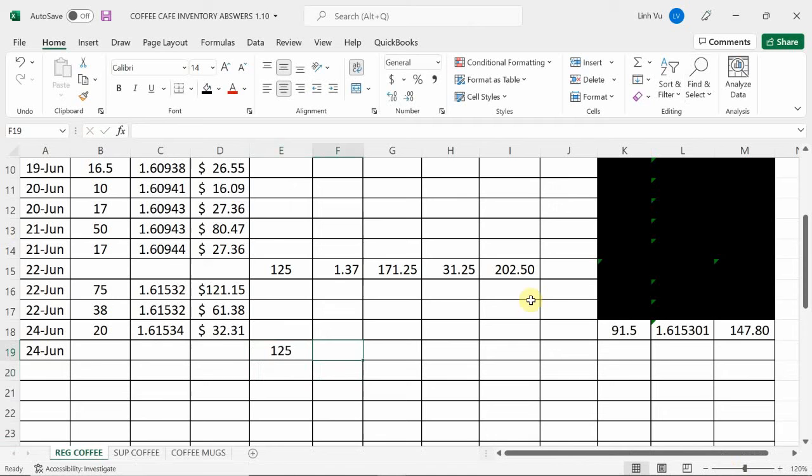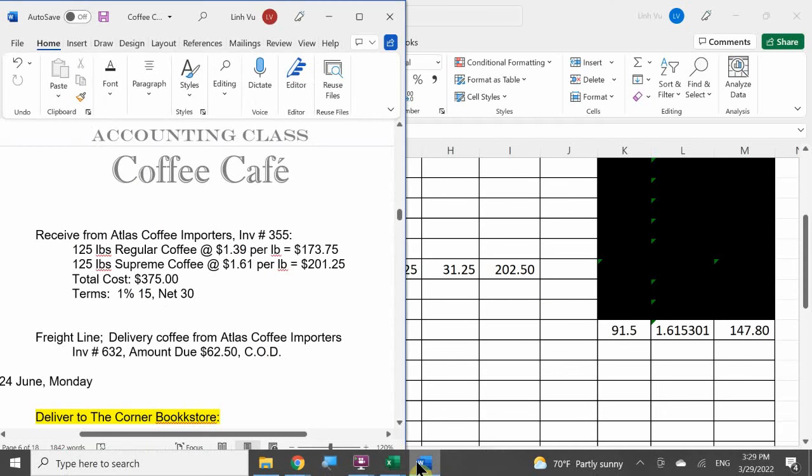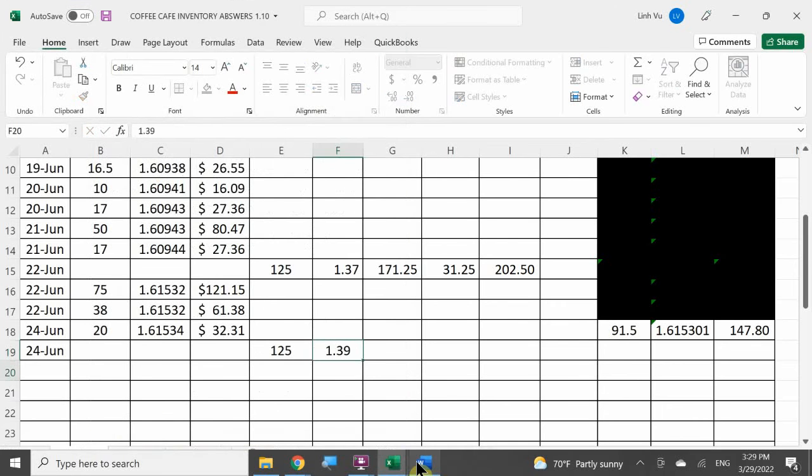We got 125 pounds at $1.39. So what's my purchase price?